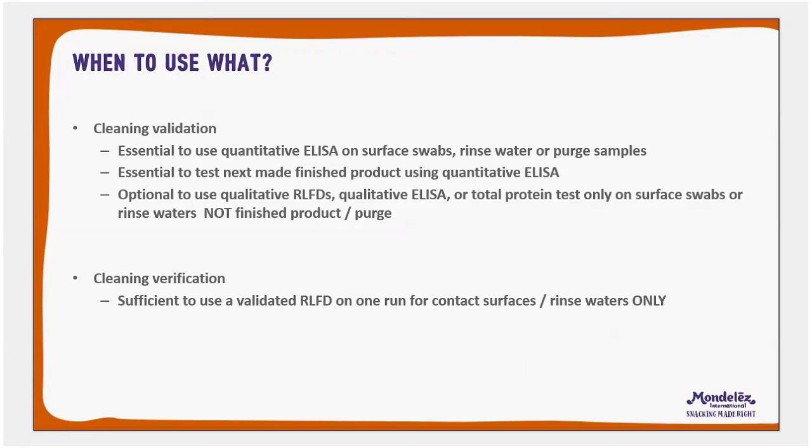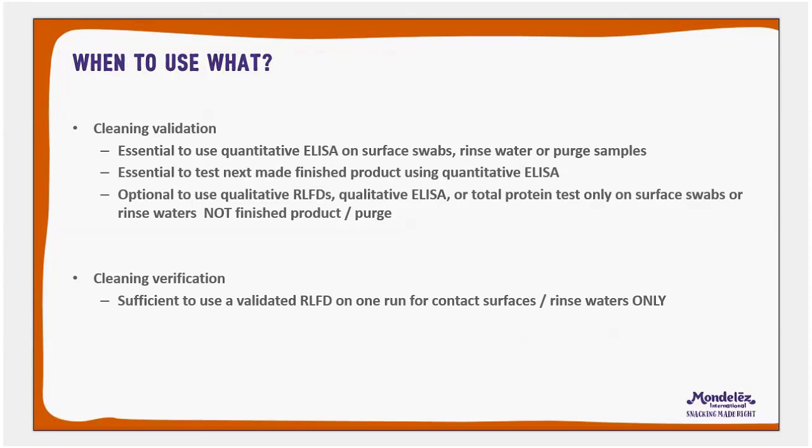So it is optional if you wish, in addition, to use the qualitative rapid lateral flow devices or a qualitative ELISA test or a total protein test, it is optional to do so. If you are going to use them though, they can only be used on either surface swabs or rinse waters. They cannot be used on either finished products, purge samples or raw materials.